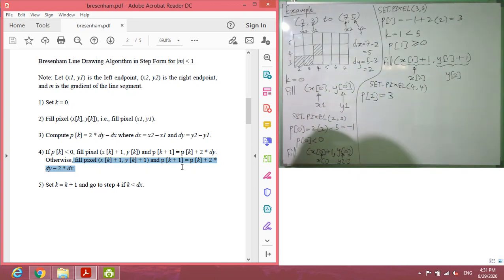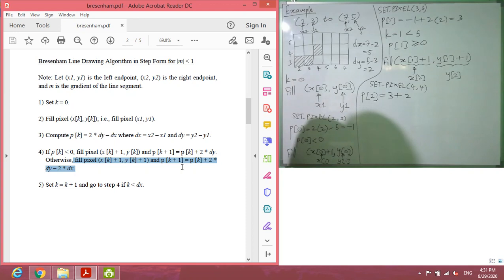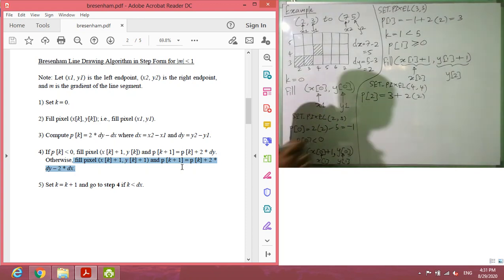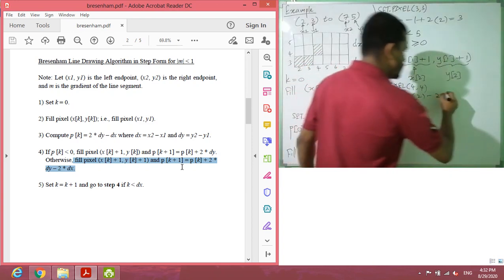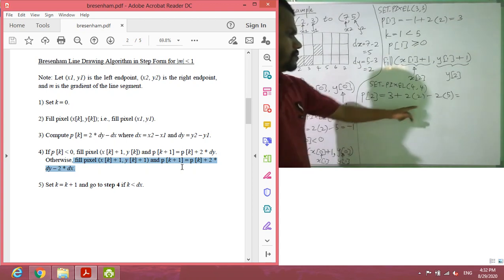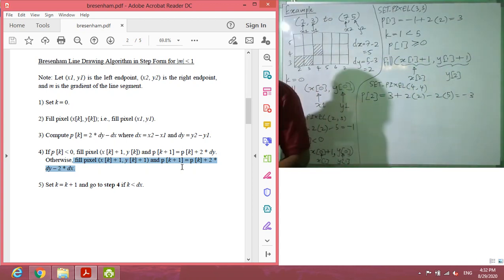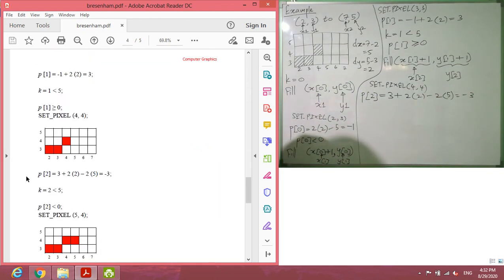To this one we add 2 dy, 2 dy minus 2 into dx 5. Then minus 3. This is minus 3.